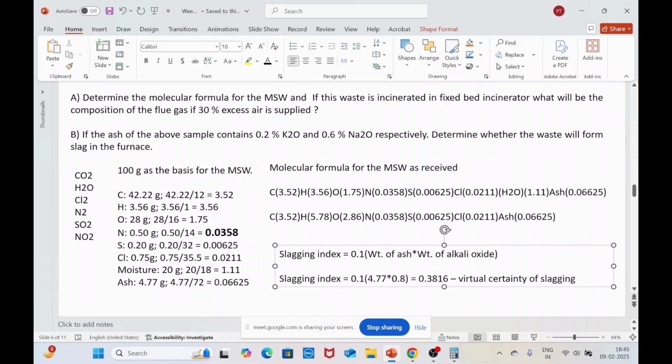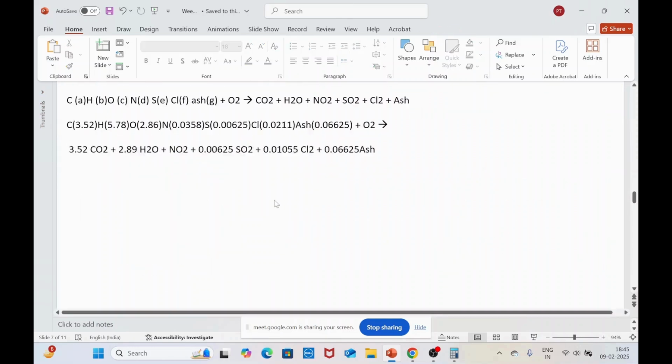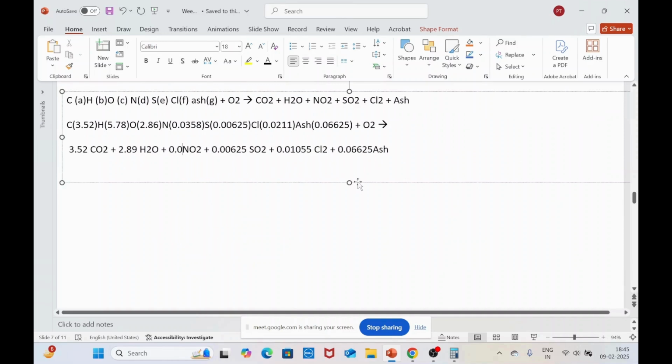So we determined the nitrogen coefficient as 0.0358. Since there is no other nitrogen here, it will be 0.0358. Now we are yet to balance only the oxygen.